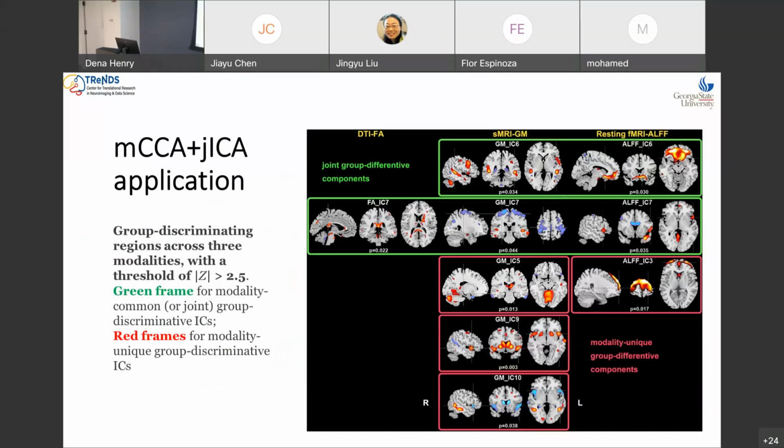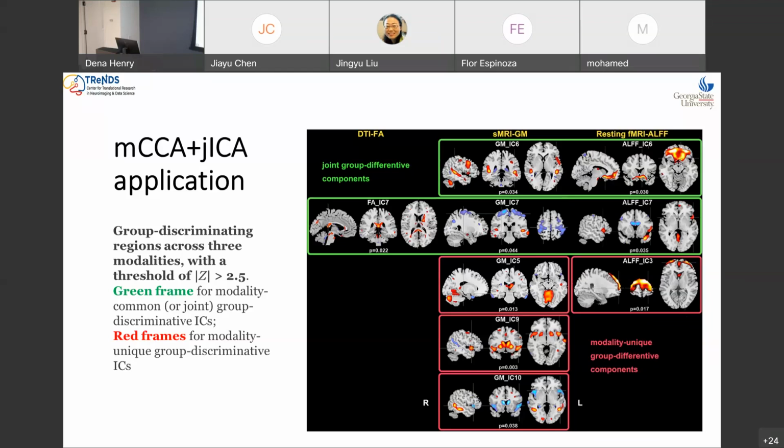This slide shows one application of MCCA plus joint ICA to 3 imaging modalities. We have fractional anisotropy from diffusion data, gray matter density from the structural data, and also ALFF, the amplitude of low frequency fluctuations, from the resting data. After MCCA plus joint ICA, they identified several pairs of joint components.